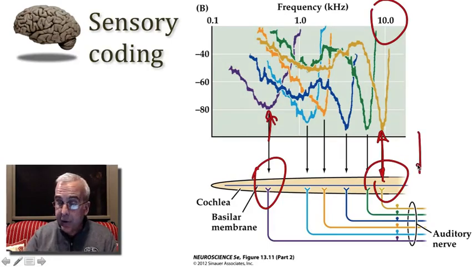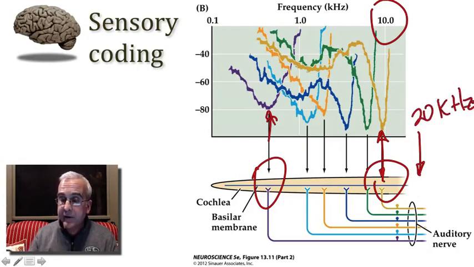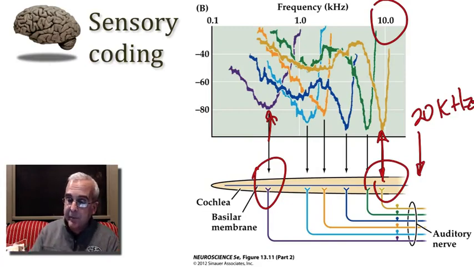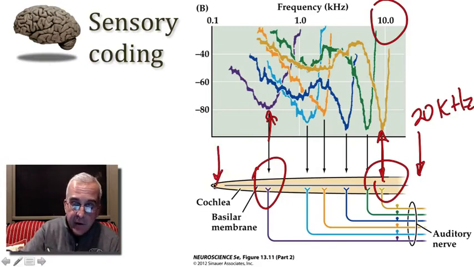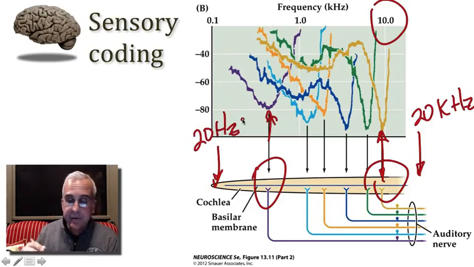So if we were to be very close to the base of the cochlea, that's roughly where we would find our maximum frequencies that could be represented across our basilar membrane, whereas out near our helicotrema, near the apex of the cochlea, that's where we would find the lowest range of frequencies.